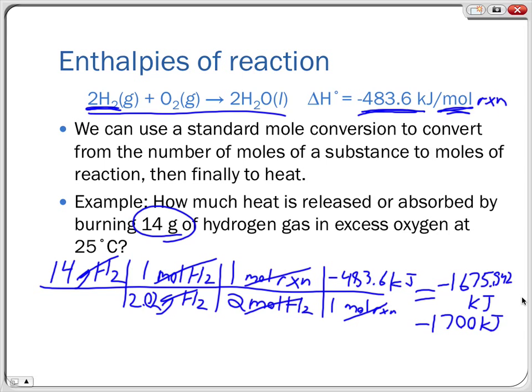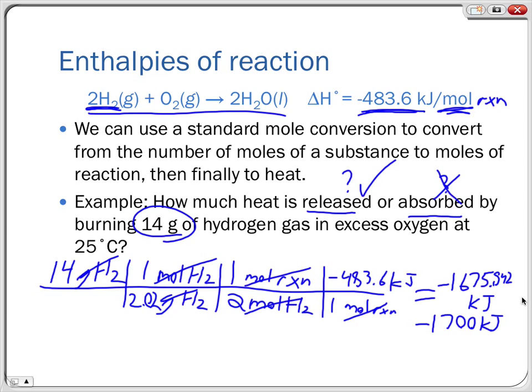Now, the question is this released or is it absorbed? So question, which one is it? And so because of the fact that our answer came out negative, we know that this is going to be a loss of energy. It's going to be an exothermic reaction. It is not going to pull that energy in. It is going to release it. It is not going to absorb it.